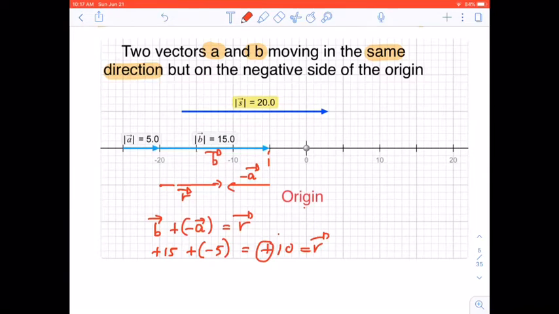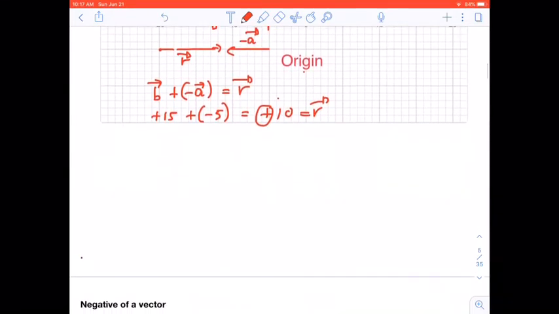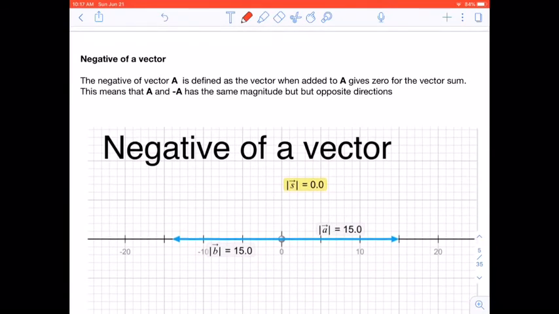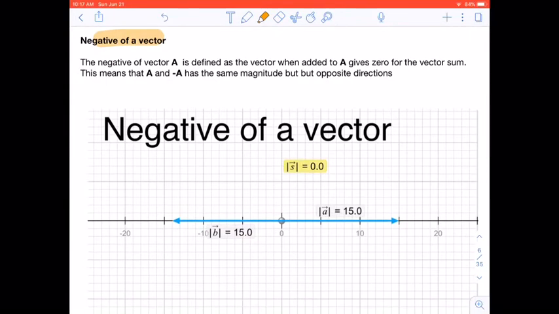Okay, now let's look at the negative of a vector. Here we see that we have again the magnitude. The magnitude of B is 15 and the magnitude of A is also 15.